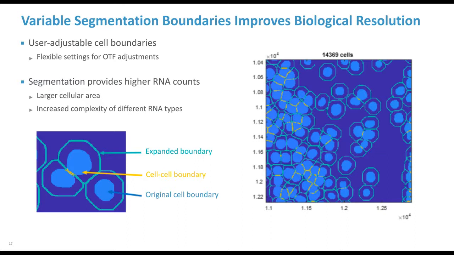This is going to be important to identify the maximum number of spots, RNA spots, associated with any particular cell region. In this particular example, the light blue on the left-hand side was the default boundary setting from the algorithm. And through the hands-on and user-adjustable boundaries, researchers can then tweak a number of different components to adjust those boundaries to result in larger or more accurate cell areas.